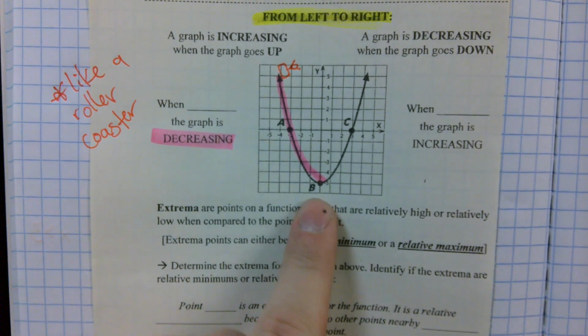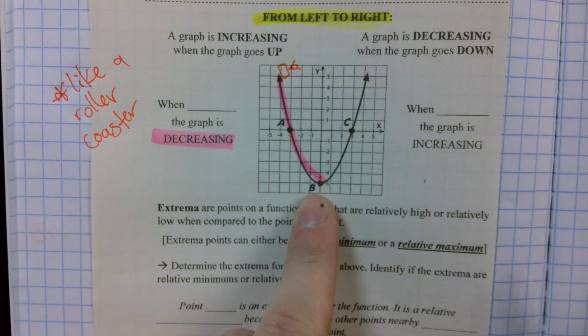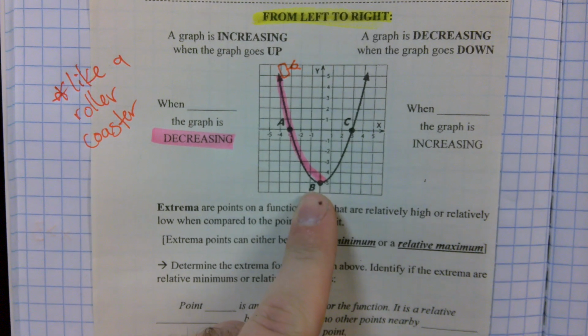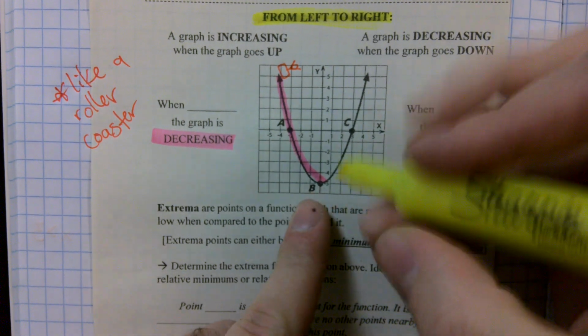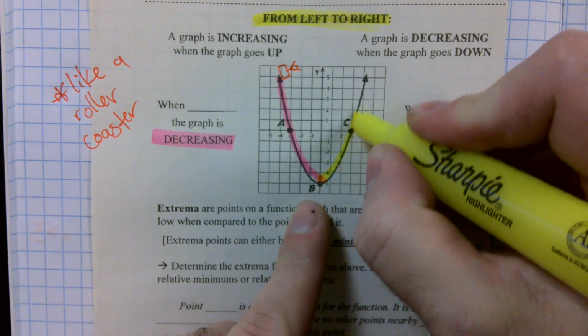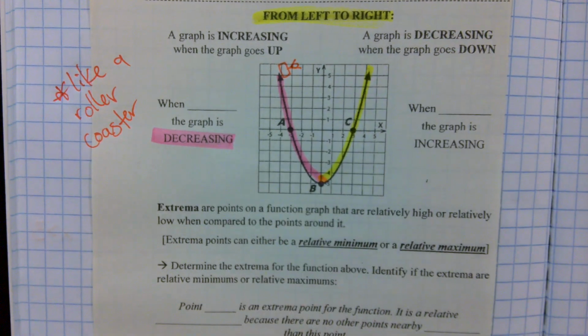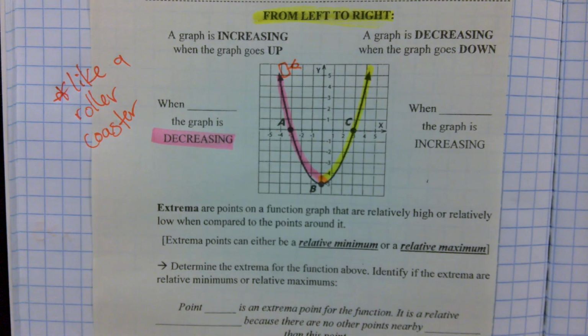And then you hit this little point down here, point B. And what changes at point B? Your direction. What's happening in that yellow section of the function now? You're increasing. You're ascending. You're going up.